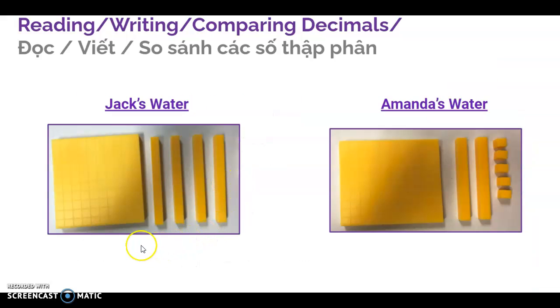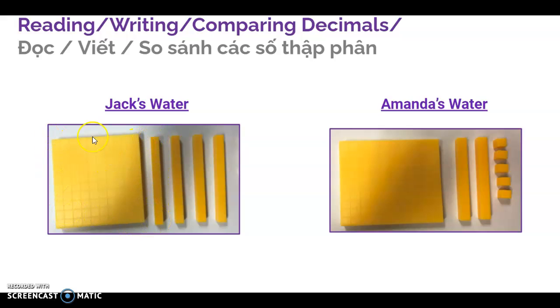Okay, so if I pull out my base 10 blocks, you are used to seeing these flats as 100. But when we do decimals, as you saw in the previous pictures, you will notice that this flat now represents the number 1. The rods represent tenths.